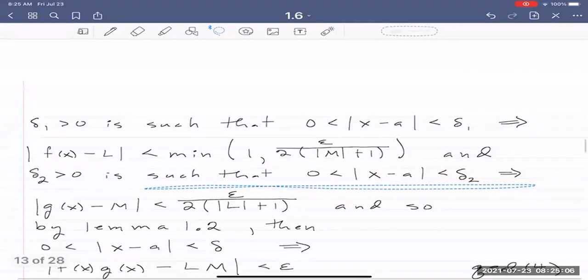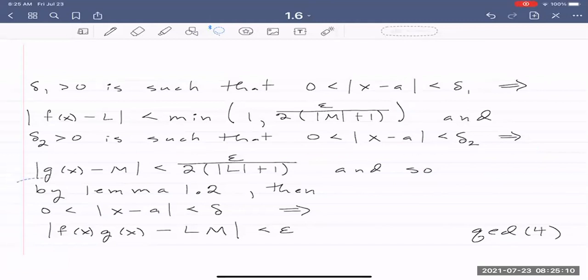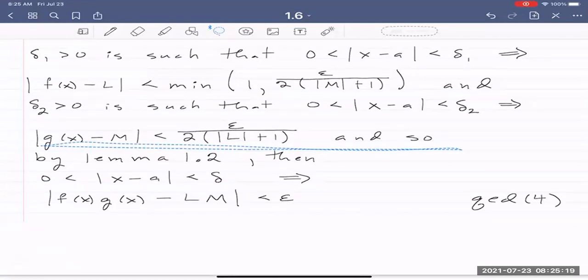And delta 2 is such that x minus a in absolute value between 0 and delta 2 implies that g of x minus m in absolute value is less than epsilon over the quantity 2 times the quantity absolute value of L plus 1.